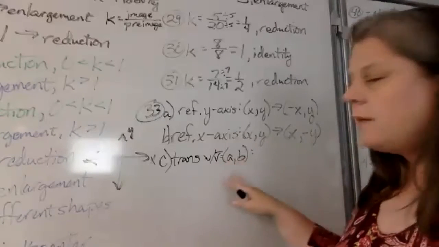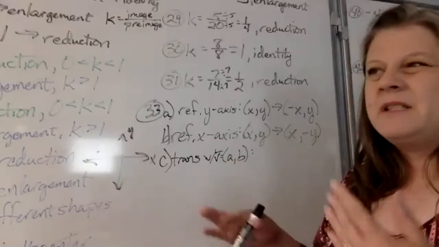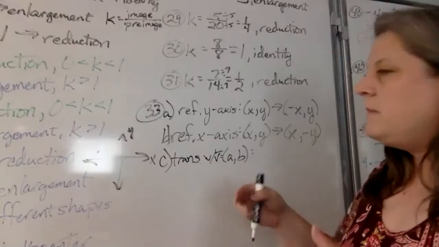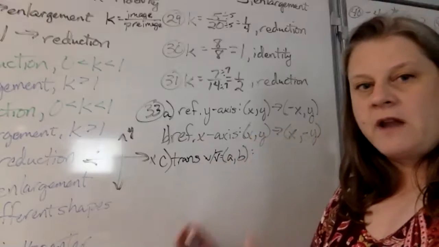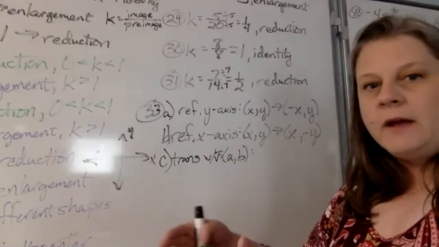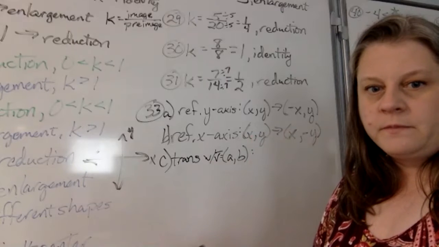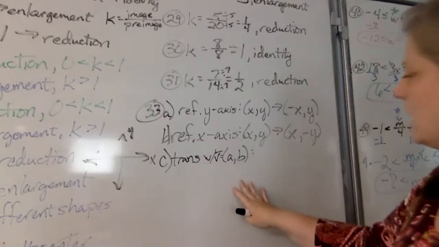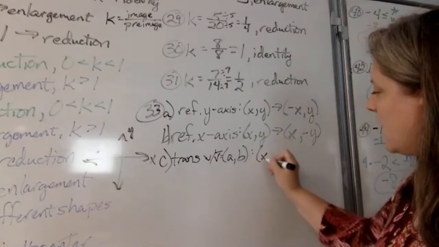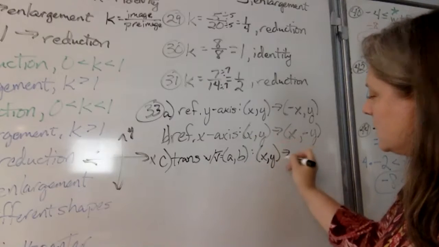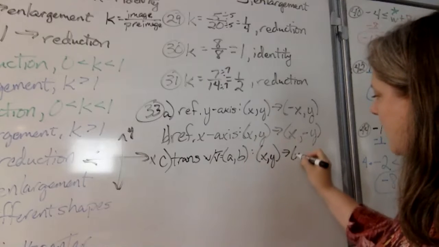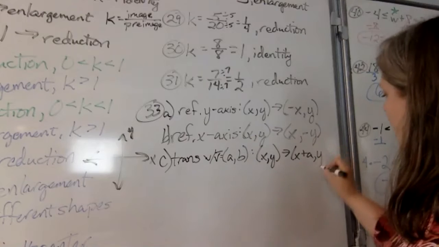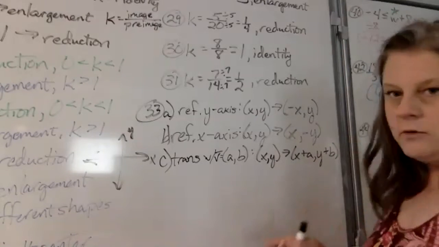So this was like number 1 on your quiz. It was like a translation vector of -3 and 1. So it would mean you subtract 3 from every x coordinate and you would add 1 to every y coordinate. So on here, my original (x, y), when I go to do this, I'm going to have x plus a as my new x coordinate, and y plus b as my new y coordinate.